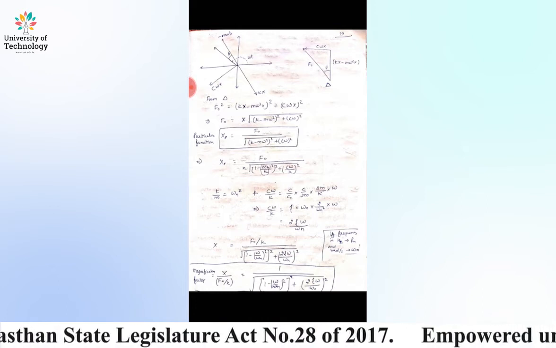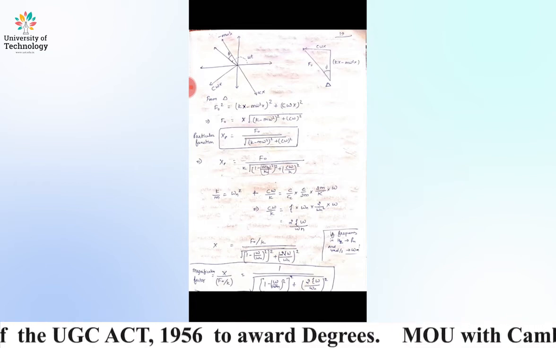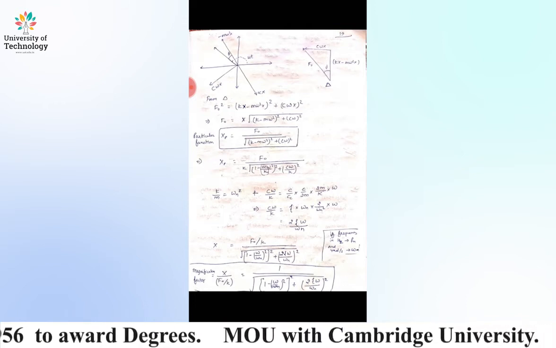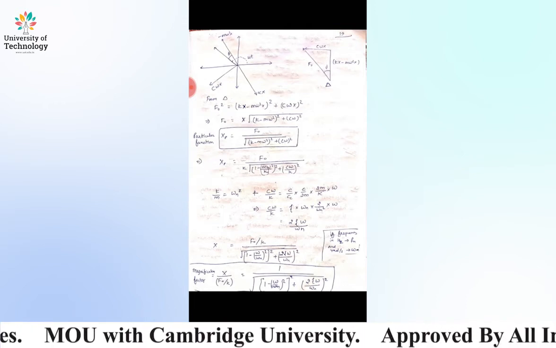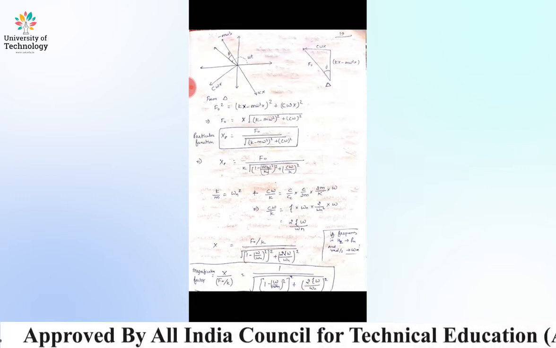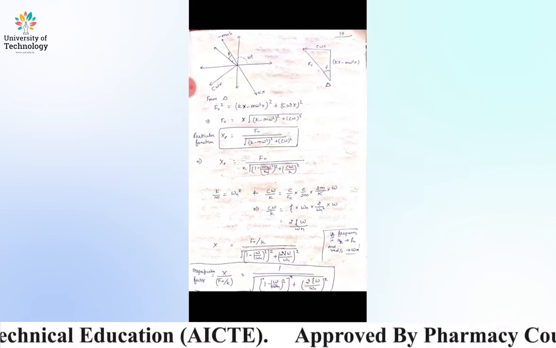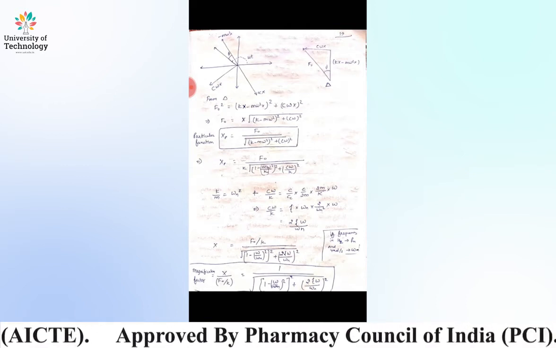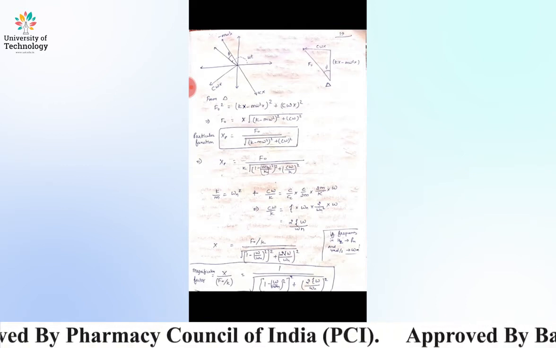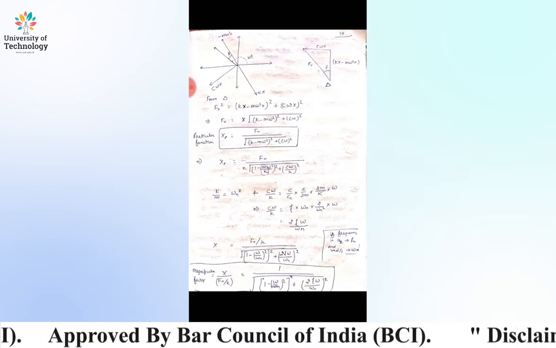Here we can represent it in triangle form, that is kX minus m omega square X, F naught and c omega X. We know that here F naught is the hypotenuse, so by the Pythagoras theorem F naught square is equal to (kX minus m omega square X) whole square plus (c omega X) whole square.